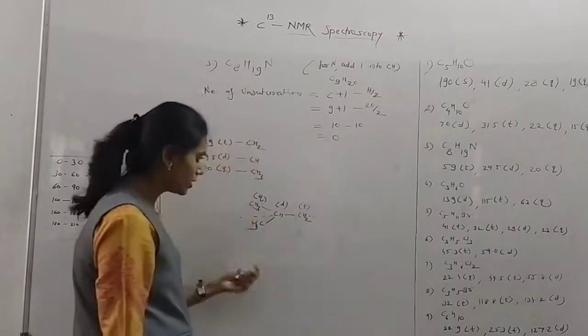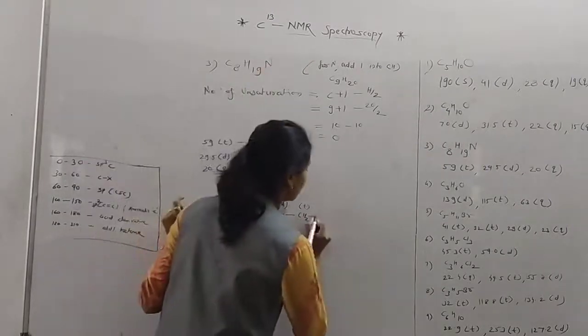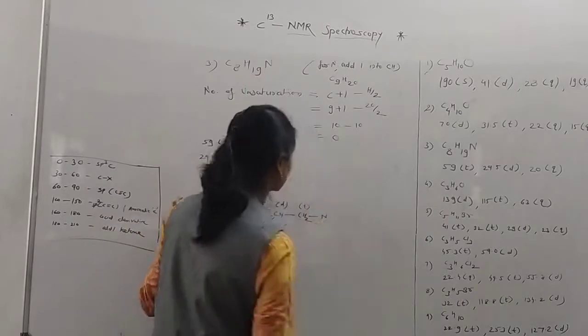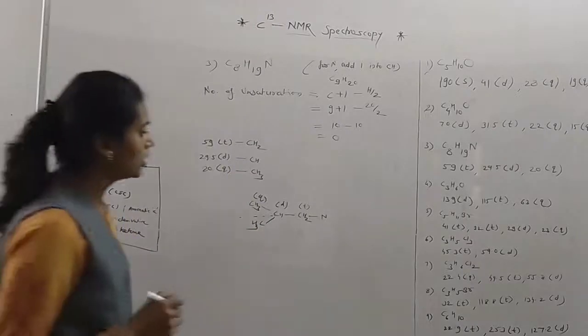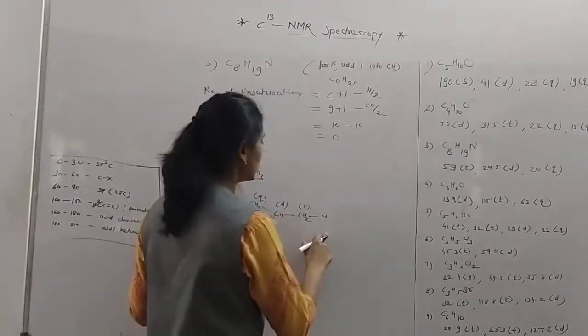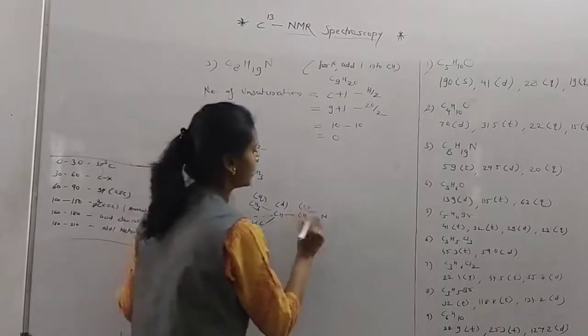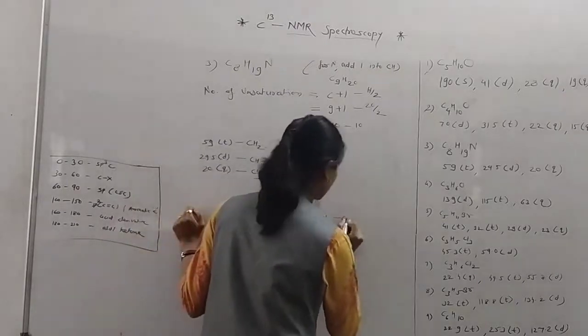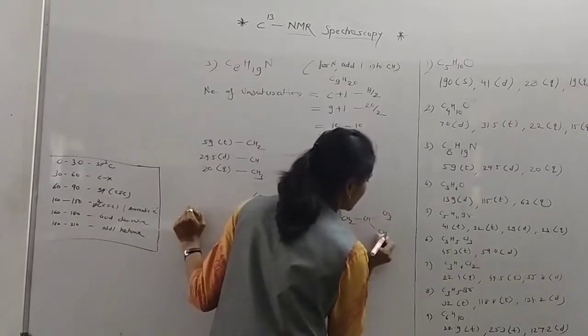Okay, what remains now? There is nitrogen. And as we know there are 8 carbon atoms, so we write like this: CH2, CH, CH3, CH3, CH2.